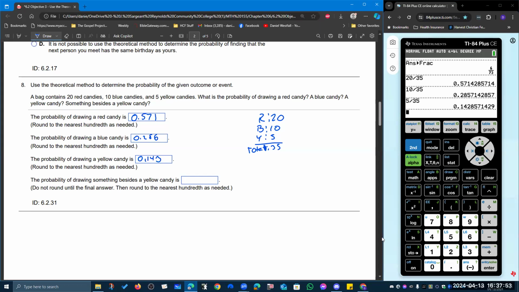And the probability of not yellow is going to be 1 minus 0.143, which is 0.857, which should be the same answer as if I added these first two numbers together here. And it is.